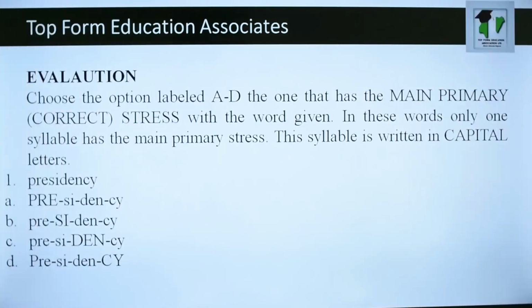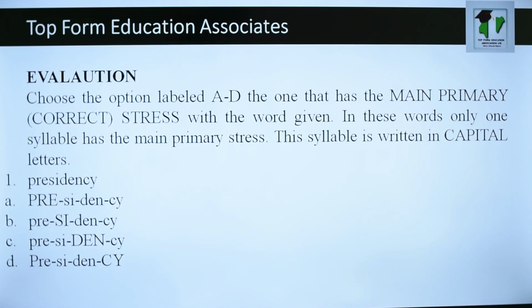We're now going to look at some questions, and these are the ways WAEC and NECO bring out questions related to polysyllabic stress. The instruction will always go like this: choose the option labeled A to D, the one that has the main primary correct stress, and they will capitalize it.